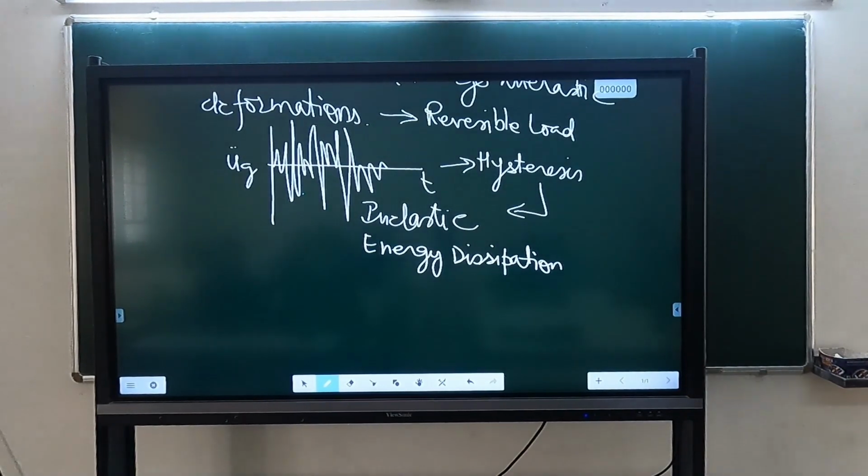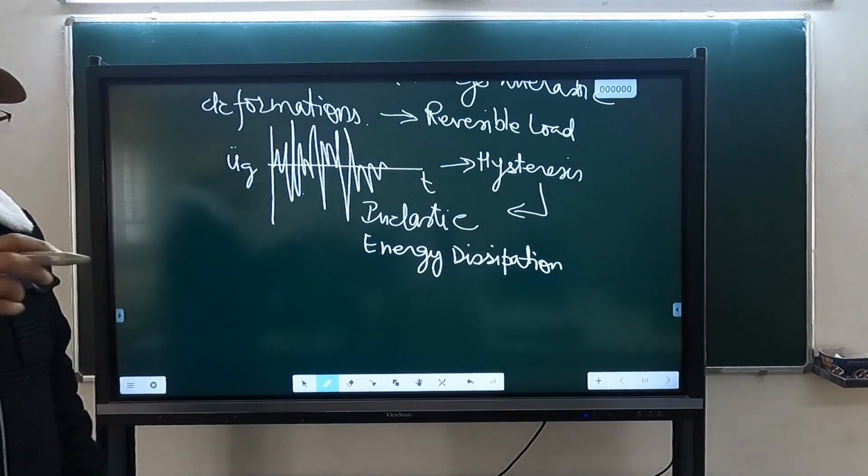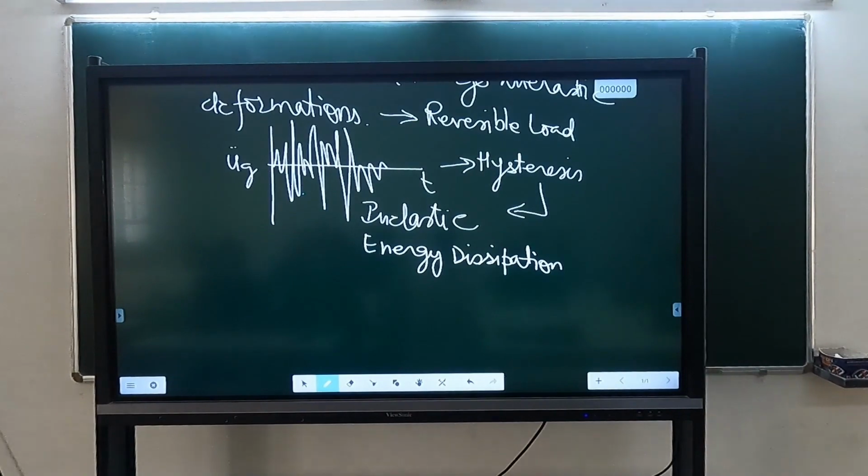Now, if we want to take advantage of this inelastic energy dissipation, how do we take that advantage into account? Somehow we have to consider the amount of inelastic energy dissipation which can occur in my structure.